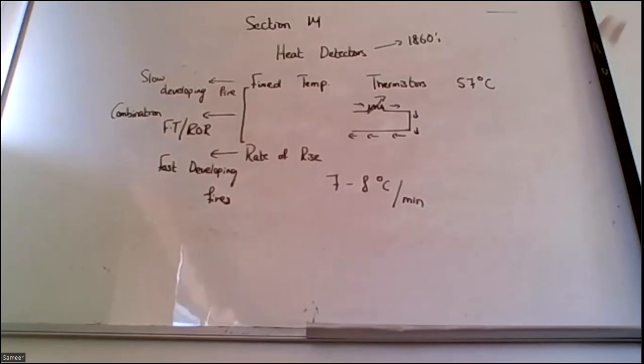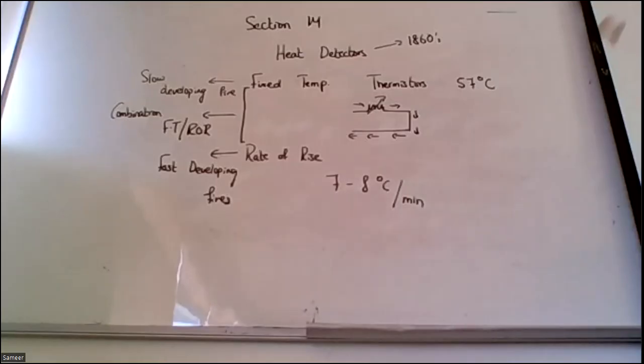Fixed temperature is for slow developing fires, rate of rise for fast developing fires, and in between we can have a combination detector, so that both are available in one detector, and it can detect slow developing and fast developing fire at the same time.